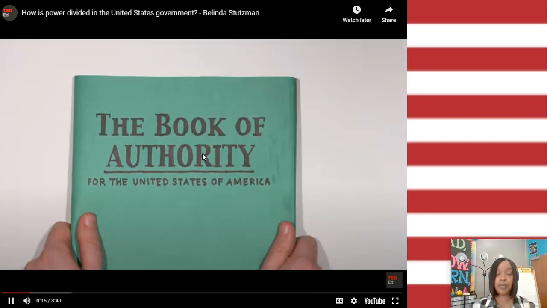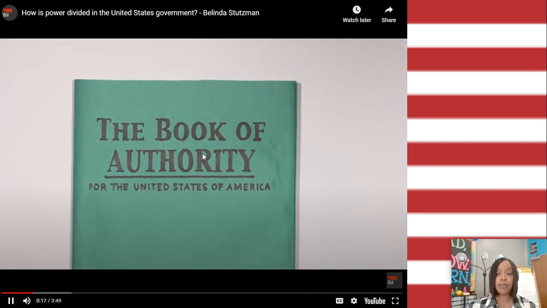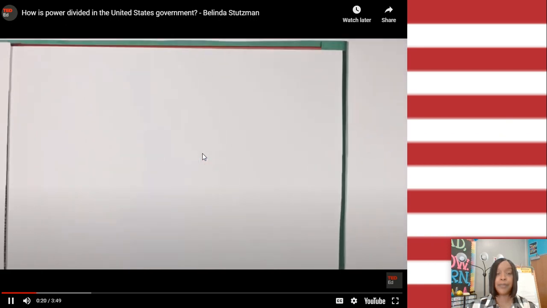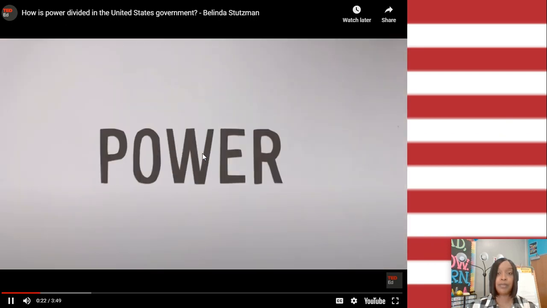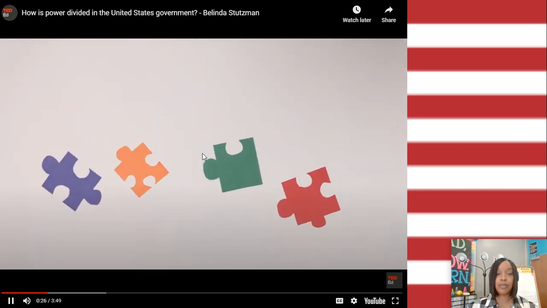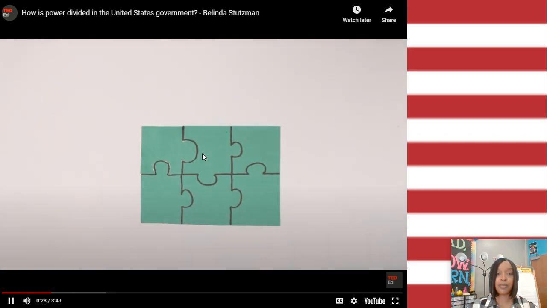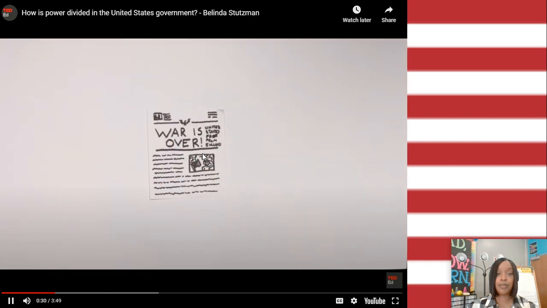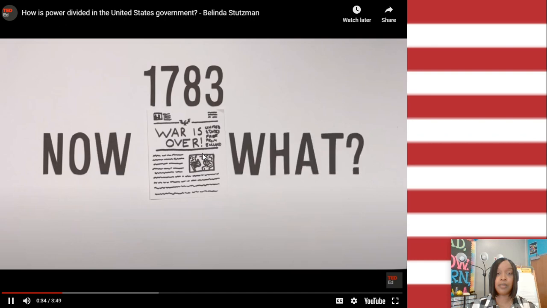Have you ever wondered who has the authority to make laws or punish people who break them? When we think of power in the United States, we usually think of the president, but he does not act alone. In fact, he is only one piece of the power puzzle, and for very good reason. When the American Revolution ended in 1783, the United States government was in a state of change.